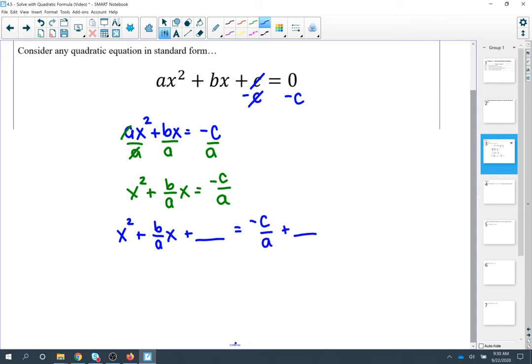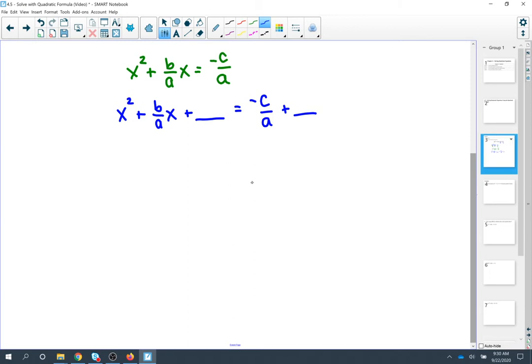Then we need to find our b value, which is the coefficient in front of the x term, and we're going to cut it in half. So we have b over a cut in half, which is actually b over 2a. We circle that, and then we square it.